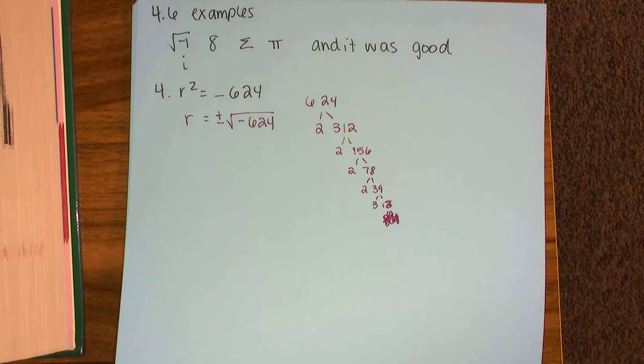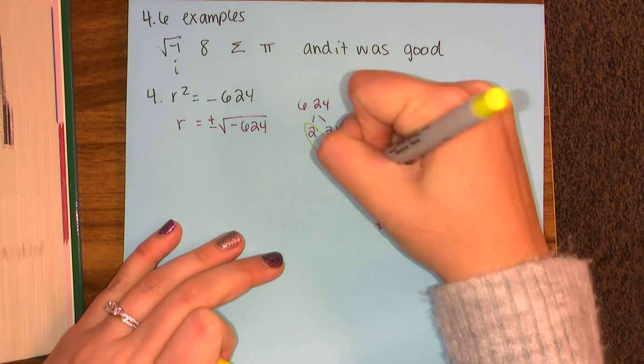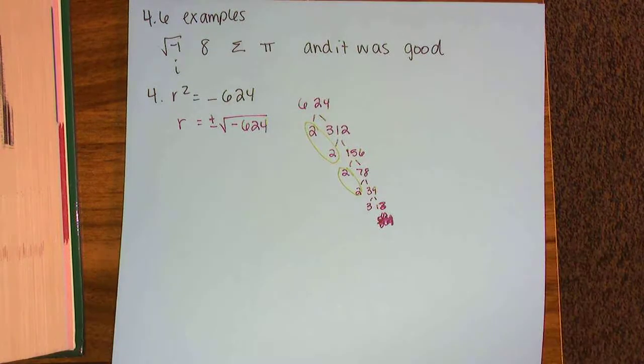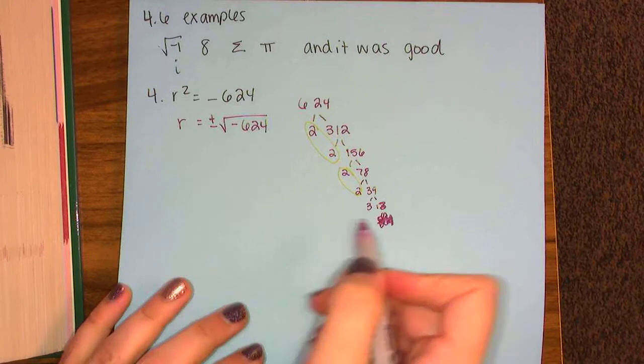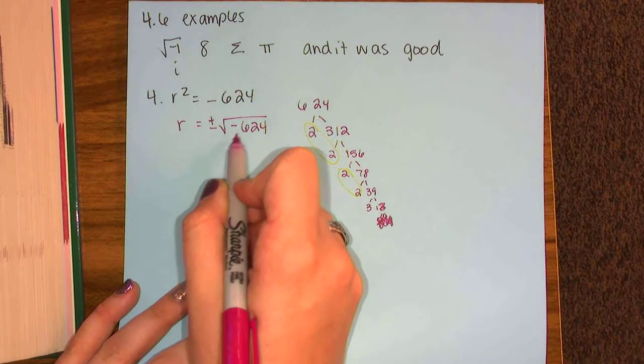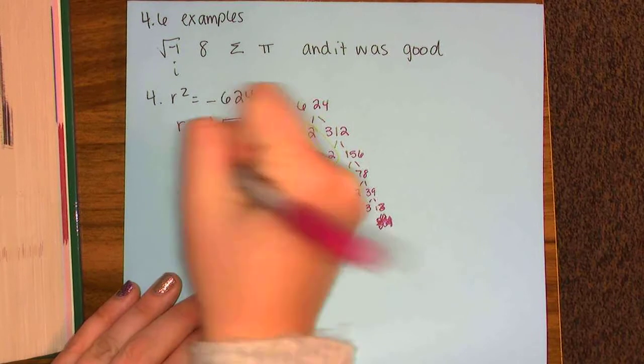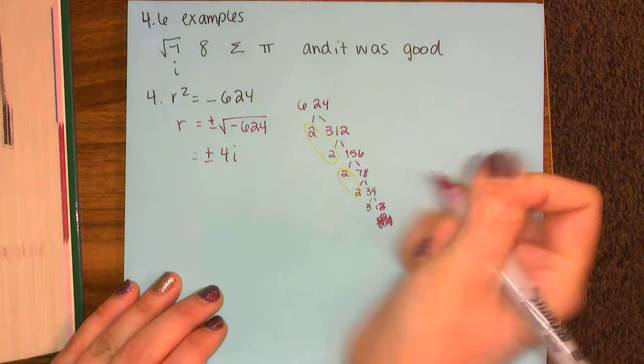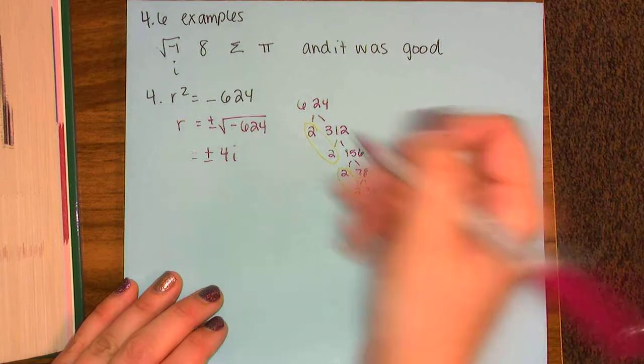Alright, so still working on the buddy system. Almost. Okay, so you're still pulling out the 4. Yep, so it's 4i. Okay, there's a negative here, so we pull out an I. So this is plus or minus 4i, and then the square root of 39, 13, and 3 are not buddies.